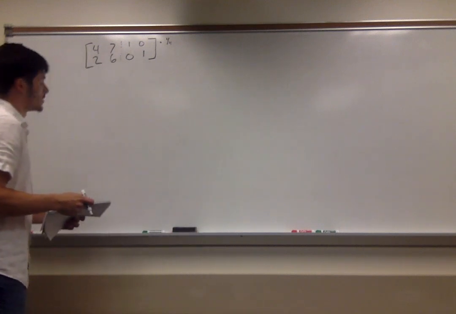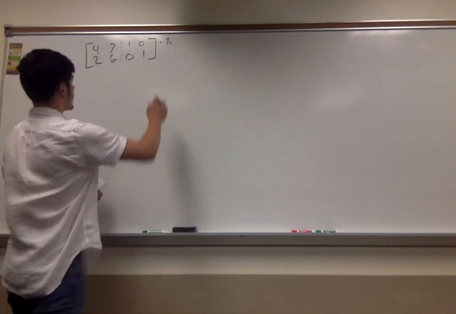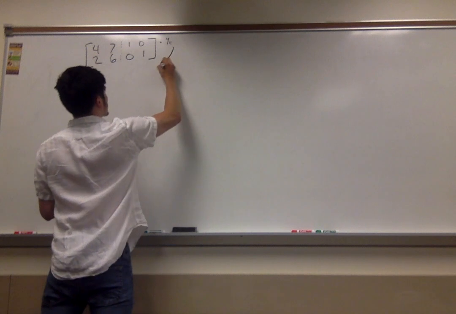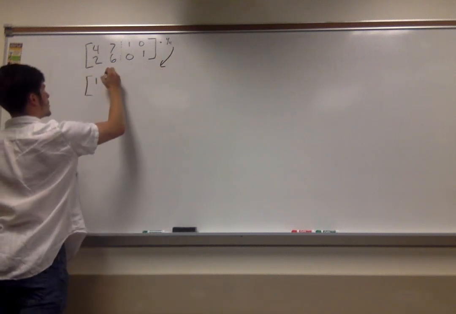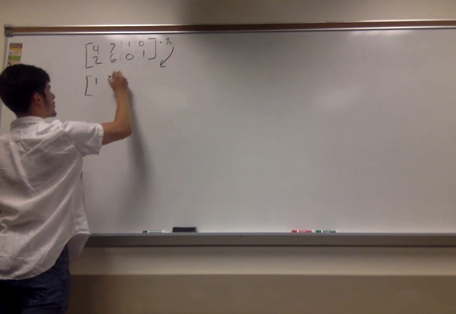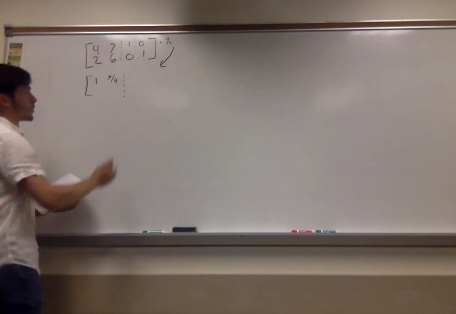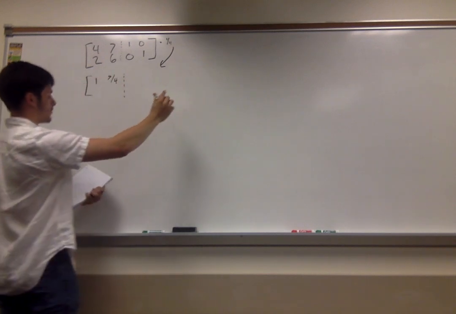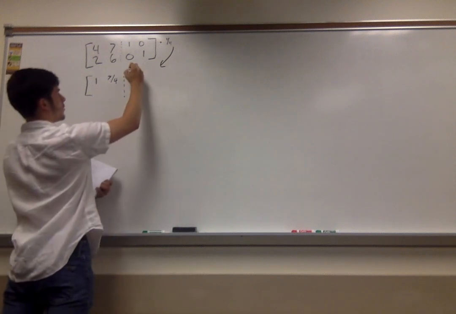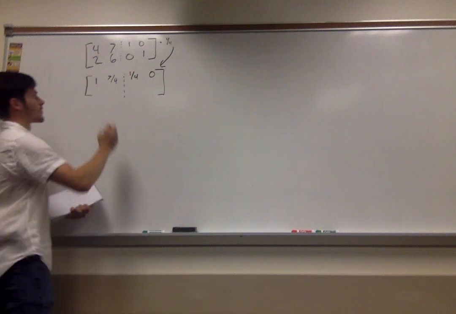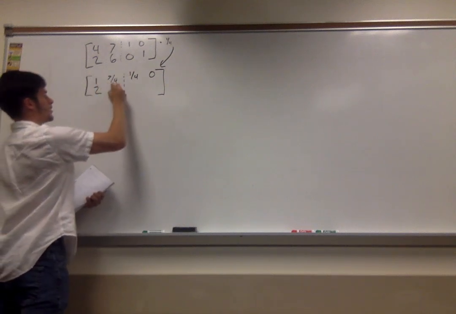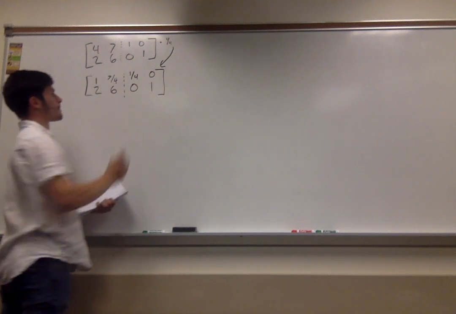So we're going to multiply by a constant. And that's going to bring us down here. We got 1, 7/4, and we're going to do the whole row by 1/4. So then over here we've got 1/4 and 0. And the bottom row didn't change at all: 2, 6, 0, 1.